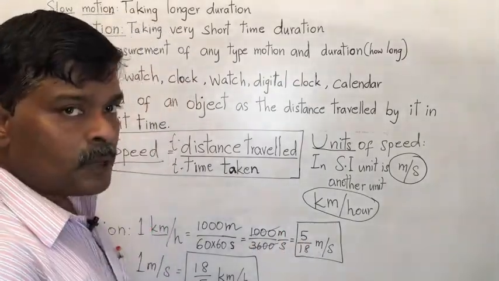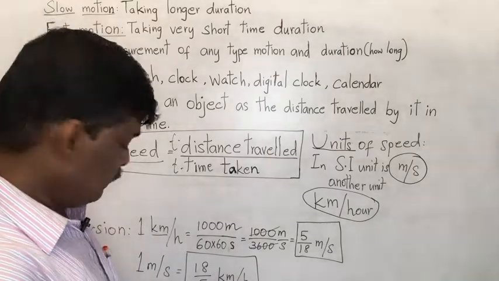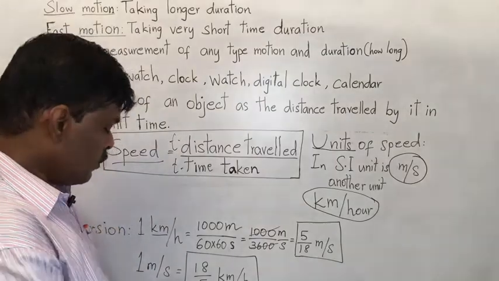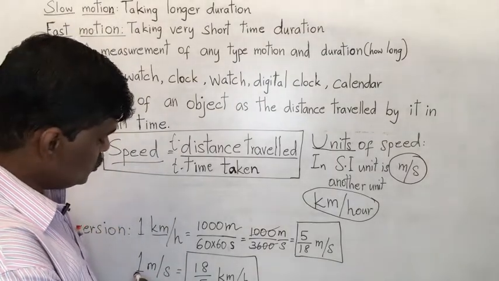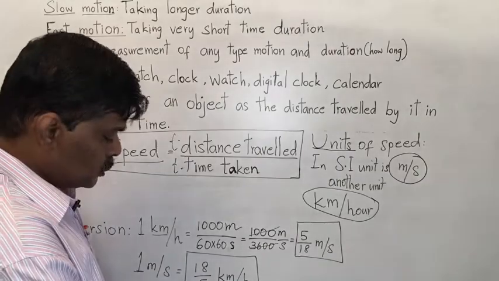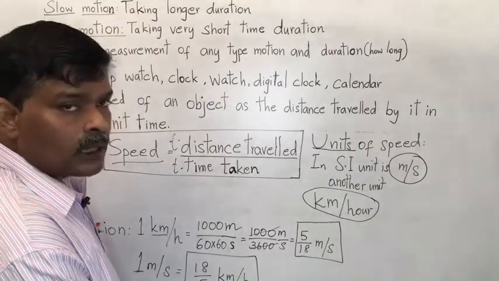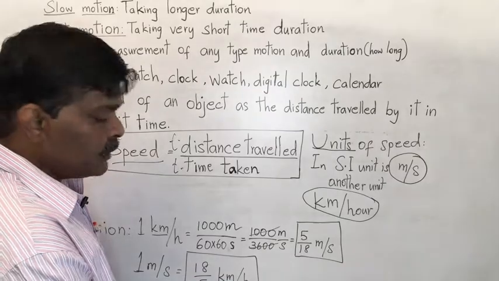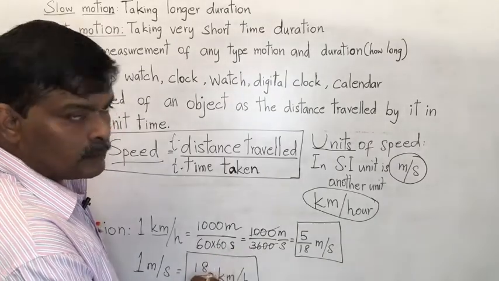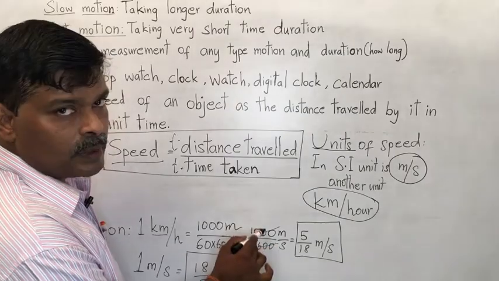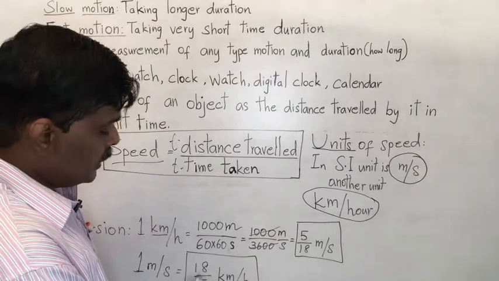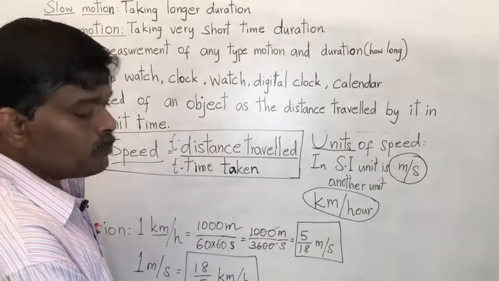Sometimes we should convert meter per second into kilometer per hour. That time we use this conversion: 1 meter per second is equal to 18 by 5 kilometer per hour. This also came from the same matter, 3600 seconds will go above and 1000 meters will come down, so we get 18 by 5 kilometer per hour.